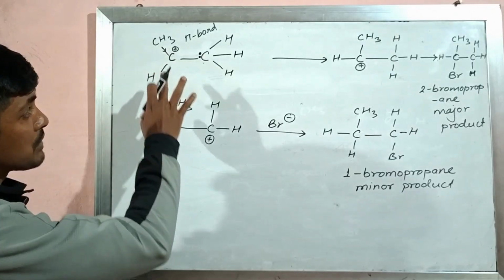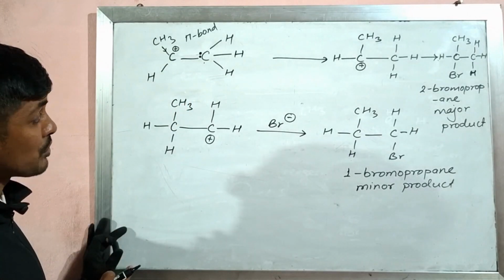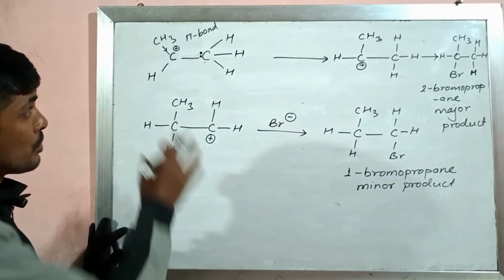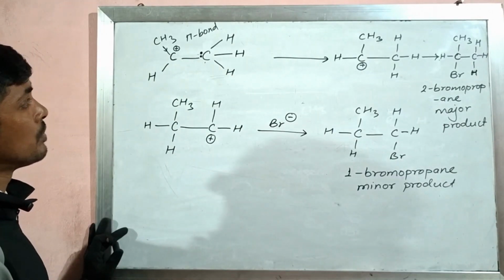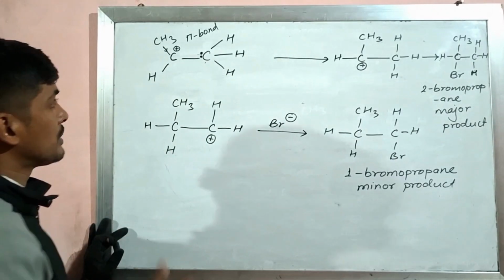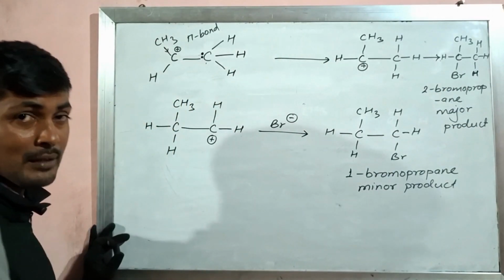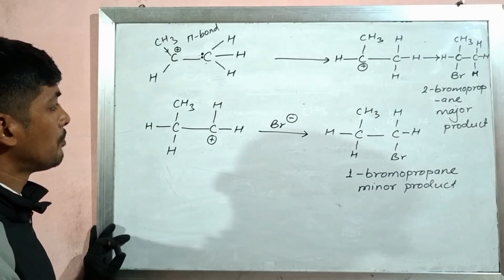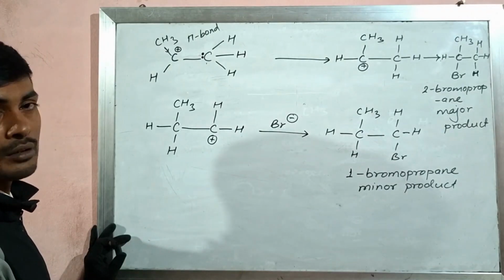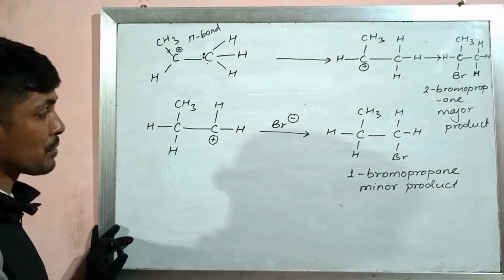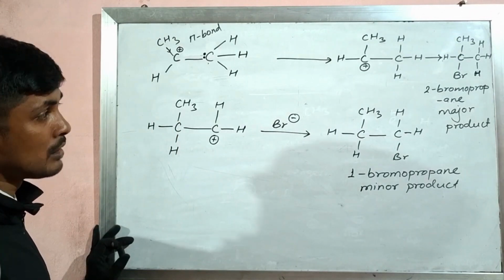If we see here, which one is connected to the electron releasing group? This carbon is. So by the electromeric effect also, we can get 2-bromopropane as the major product, but sometimes we also get 1-bromopropane as a minor product in this Markovnikov's rule.